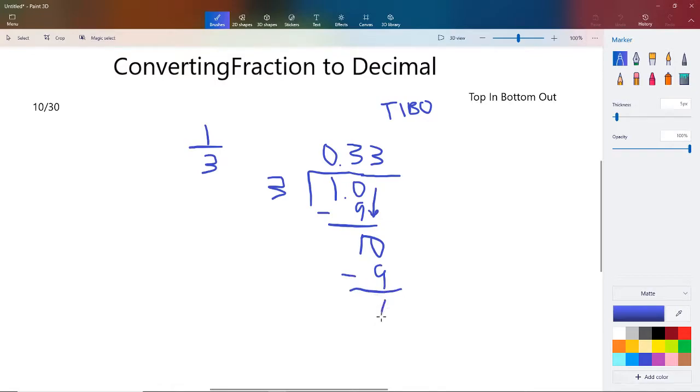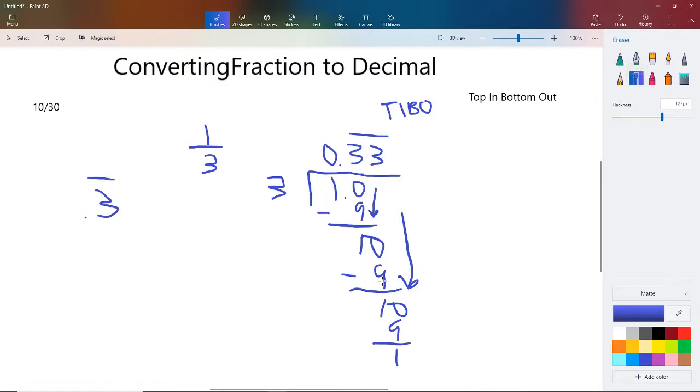We get 1. Bring down the 0. Oops, I see a pattern happening. 10, 9, 10, 9, 10. And we'll get 9 again, and then we'll get 1, and we'll keep going. So I know that this is a repeating decimal. So I know that 1/3, or 10 over 30, as a decimal is 0.3 repeating. Cool. So we're done there.